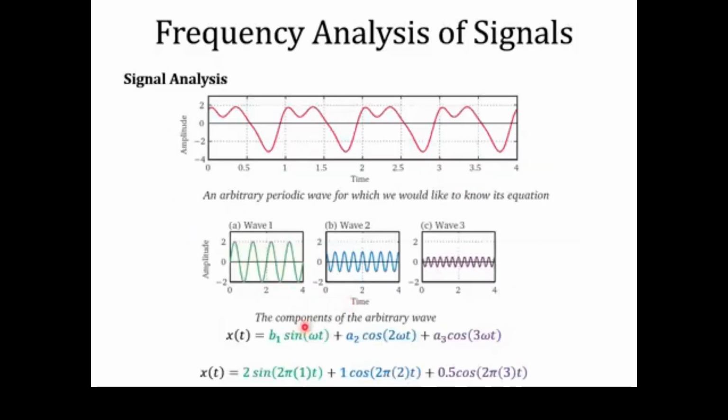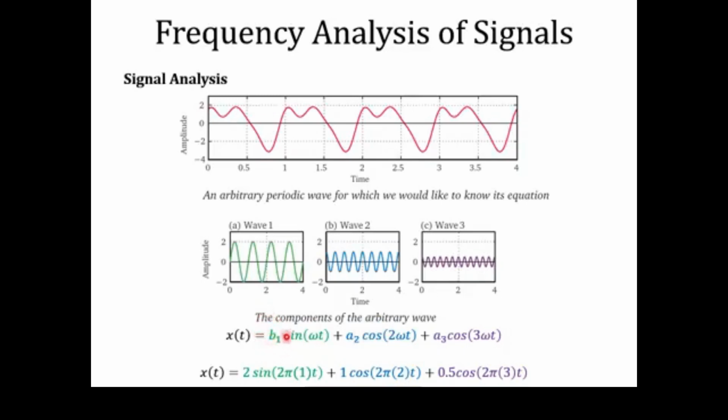So the components or the ingredients of the given arbitrary wave are these sinusoids. Here we have used a small b to represent the amplitude or the quantity of a sine wave, and a small a is representing the amplitude of a cosine wave, and the subscript value is actually representing the harmonic number.